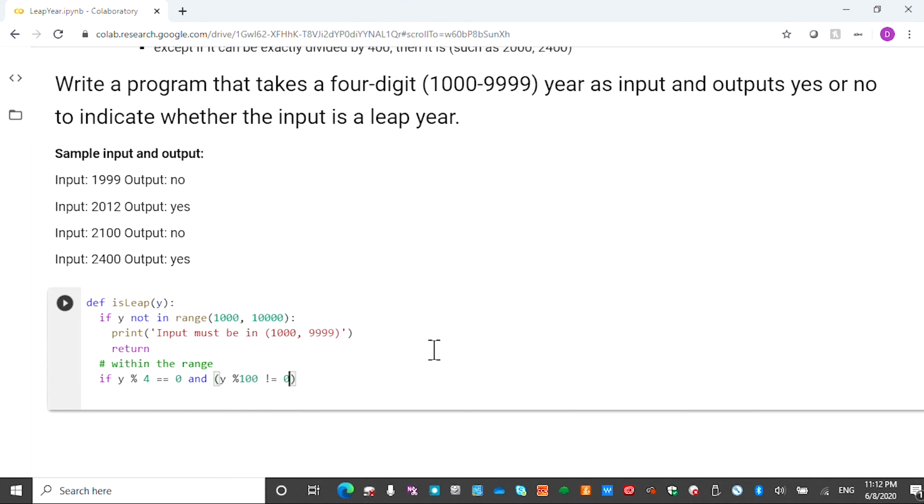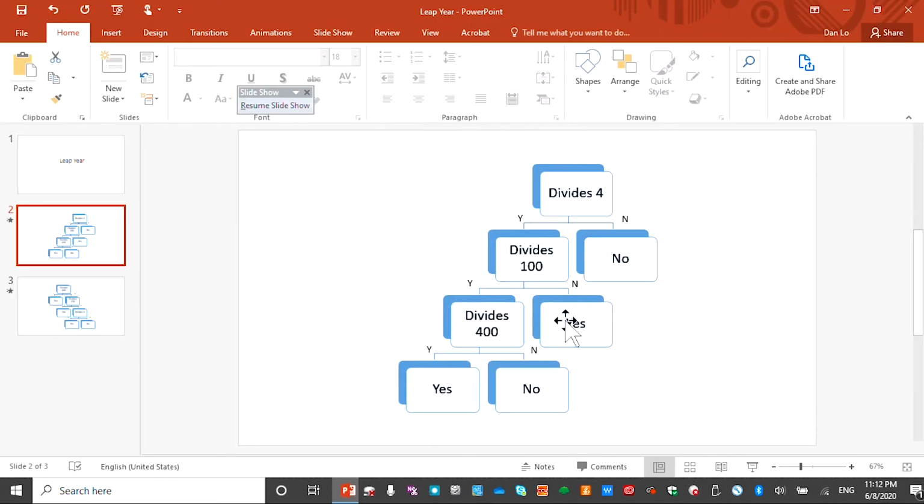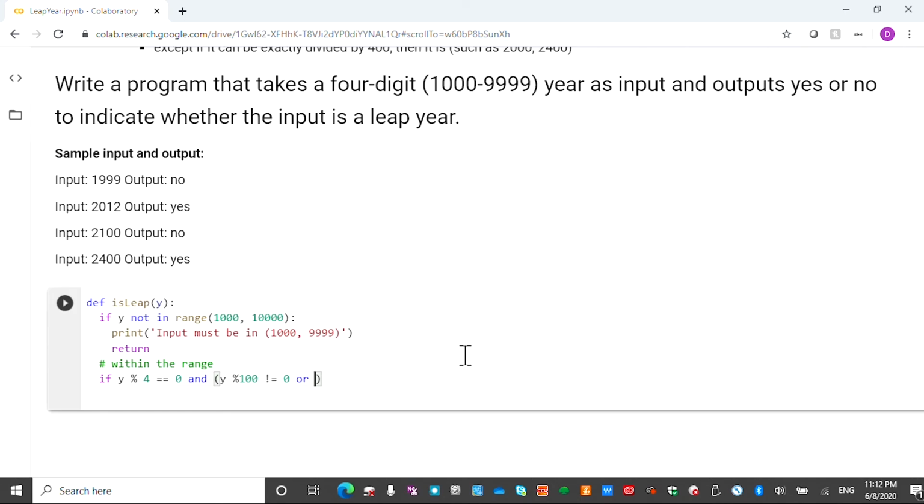Or y divided by 100 equal to 0 and divided by 400 is also possible. So we have y modulo 100 equal to 0 and y modulo 400 equal to 0. Then that will be our condition.